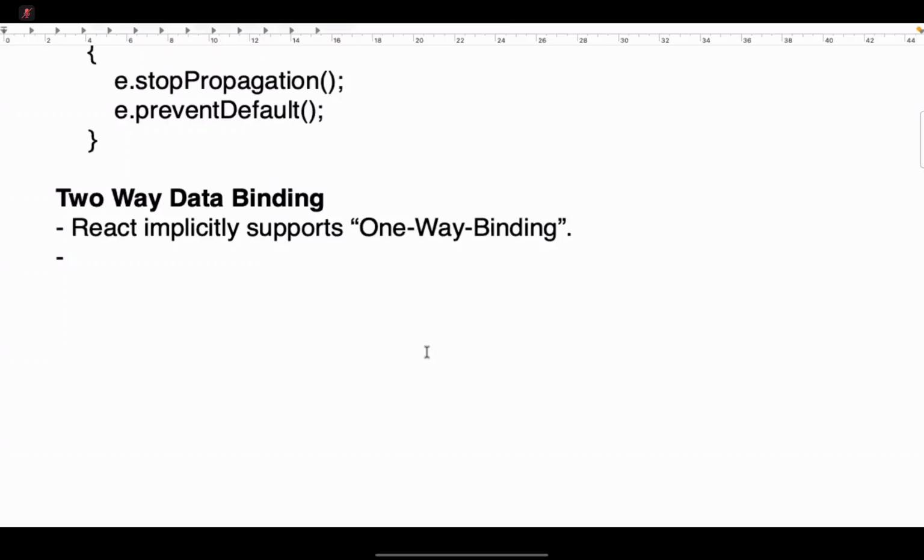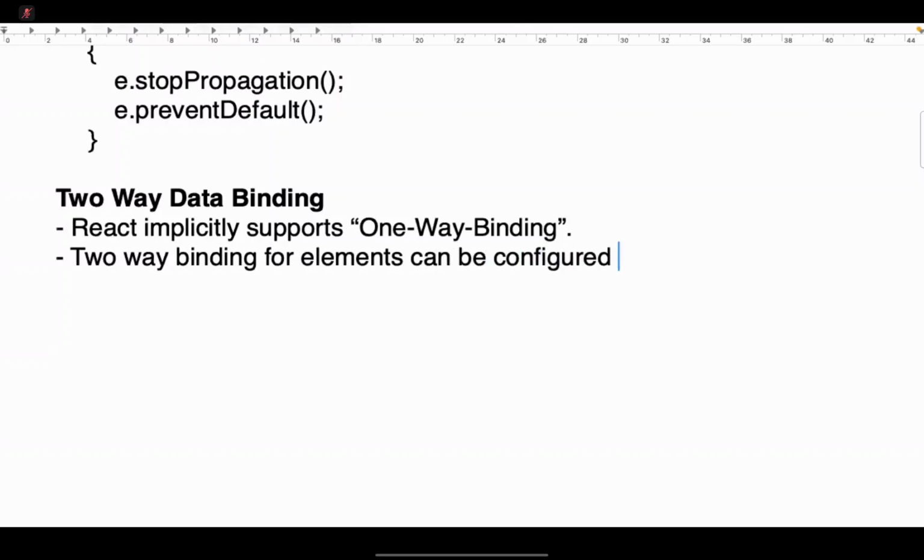So two-way binding for elements can be configured only by using the synthetic event onChange.